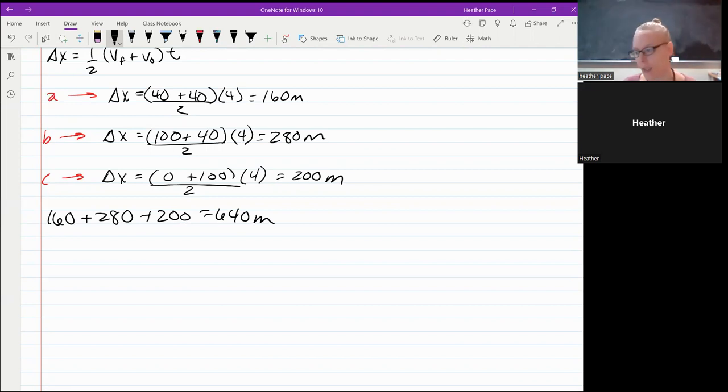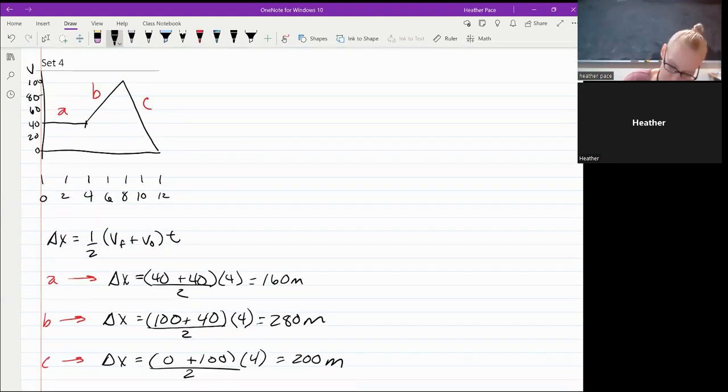Now let's take a look at a qualitative graph from the velocity to making an X over T, so a position graph.